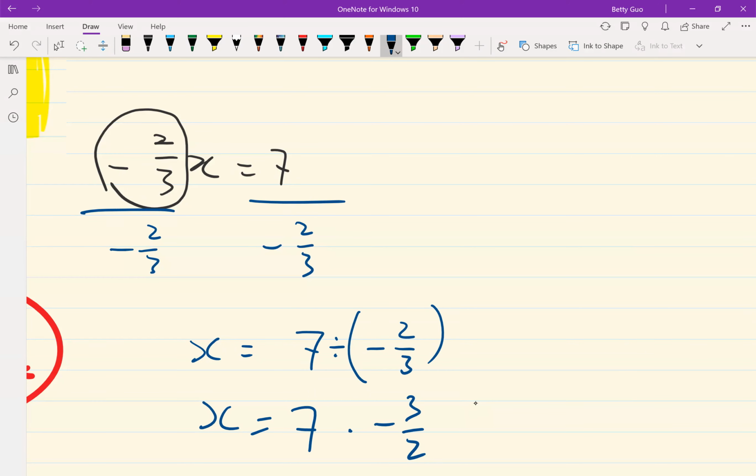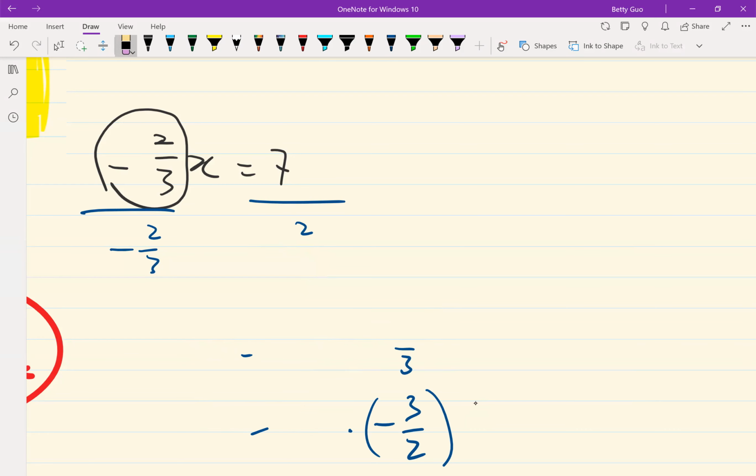Of course, you end up with the same thing. But for some students, it's easier to mess it up when they divide. So I would say multiplying is better. Of course, if you want to divide, that's totally okay. Am I clear? But it is more convenient if you multiply by the reciprocal instead, okay?